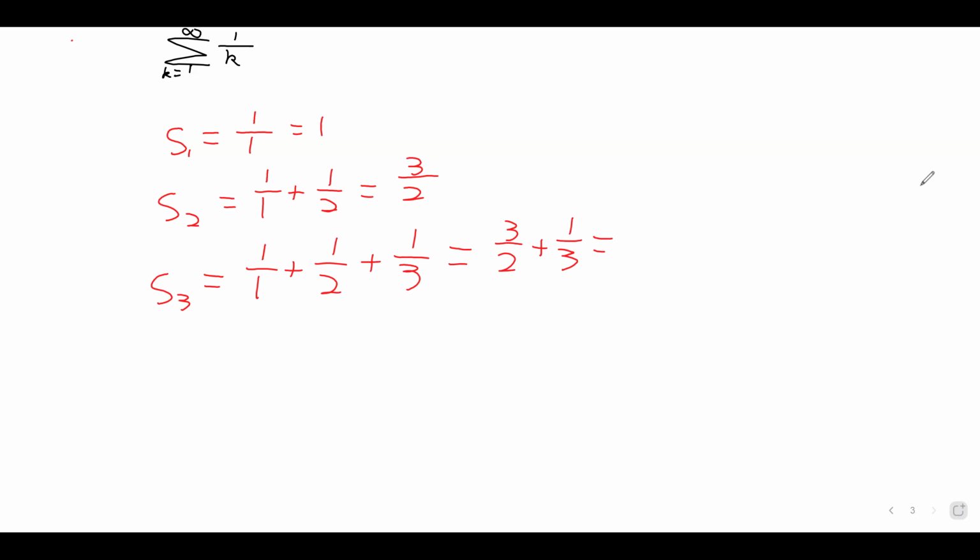That's 9/6 plus 2/6. It's 11/6. And you can keep going, I can go to Wolfram Alpha, and very easily find S sub 1 million. I can find very big partial sums.